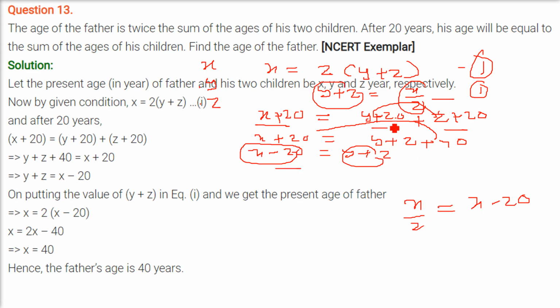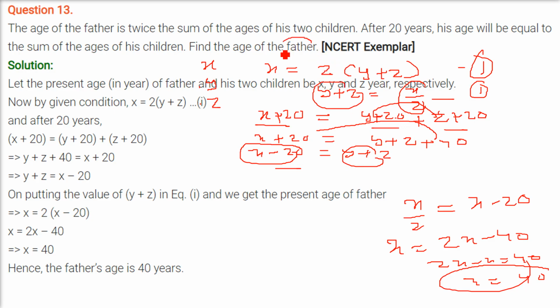So we can equate them. x by 2 equal to x minus 20, so x will be equal to 2x minus 40. So 2x minus x will be equal to 40, x will be equal to 40. The father's age being asked is 40 years.